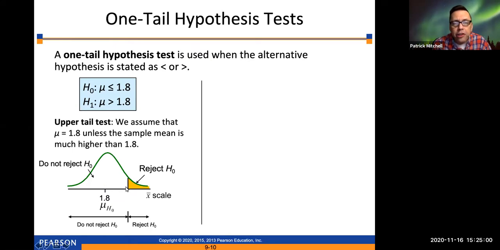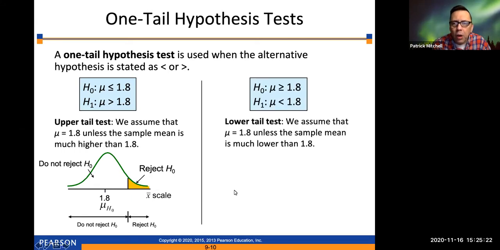In this case, the rejection region would all be up here, okay? So if the sample mean comes out to be high enough, and we will talk in the next few sections about what is high enough, then we will reject the null hypothesis. If it doesn't come out high enough, then we won't reject the null hypothesis.